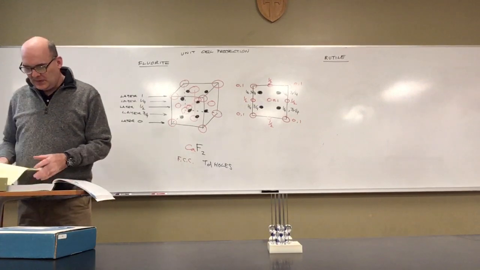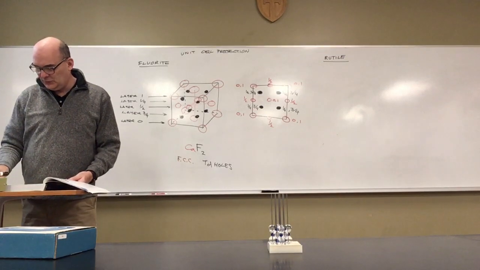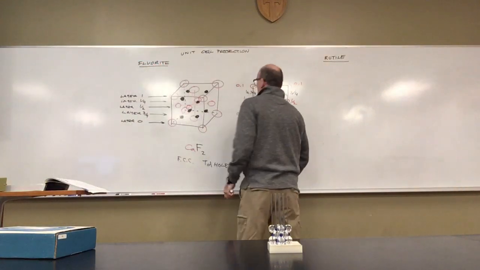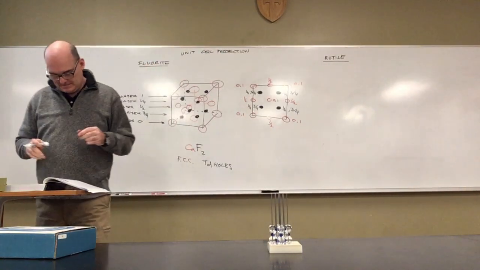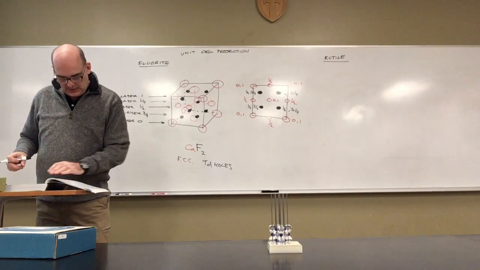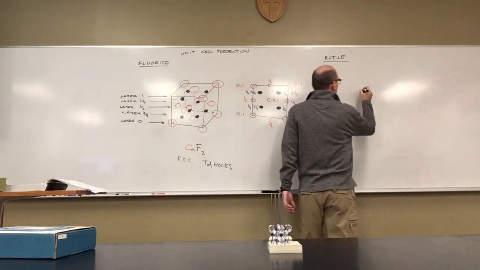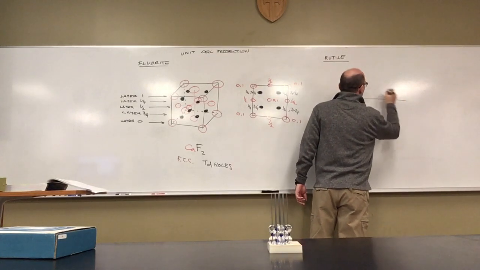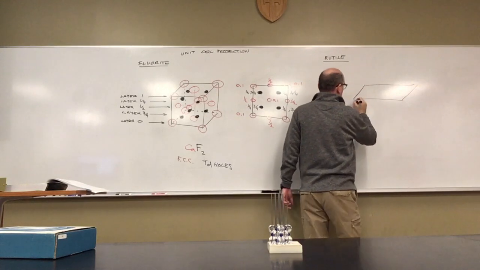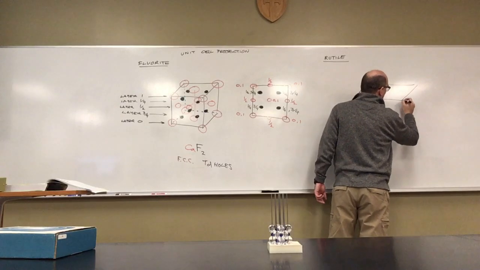So rutile is going to be our first example of a unit cell that is not perfectly cubic. And it's a little oddity. I'll give you the names of the deviations from cubic.